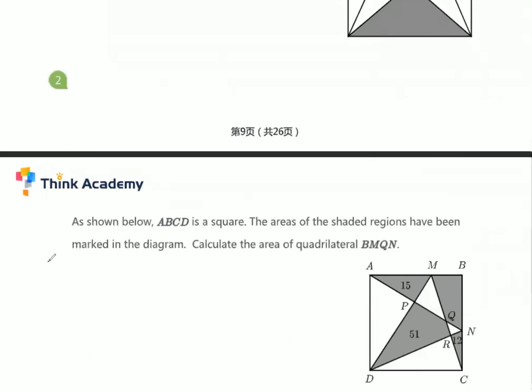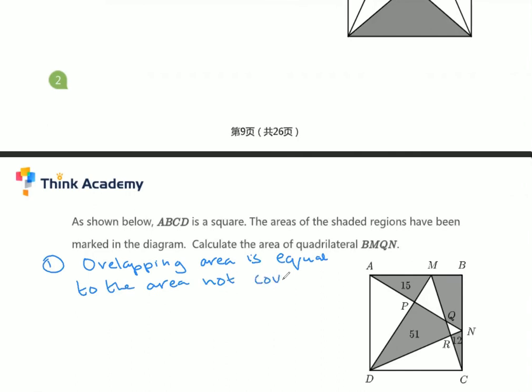Okay, we know that the overlapping area is equal to the area not covered. Okay, so we know the overlapping area is equal to the area that's not covered. So actually, let's see what's overlapping over here.